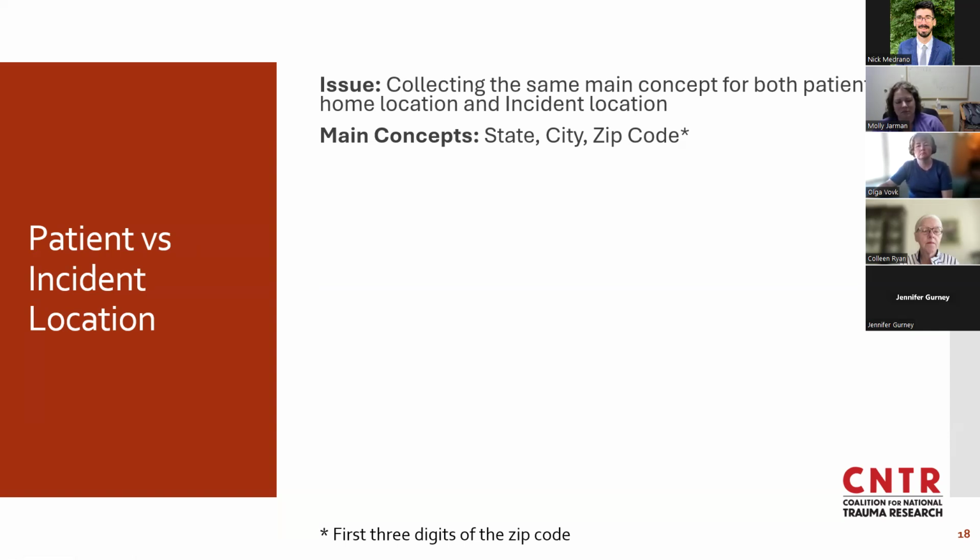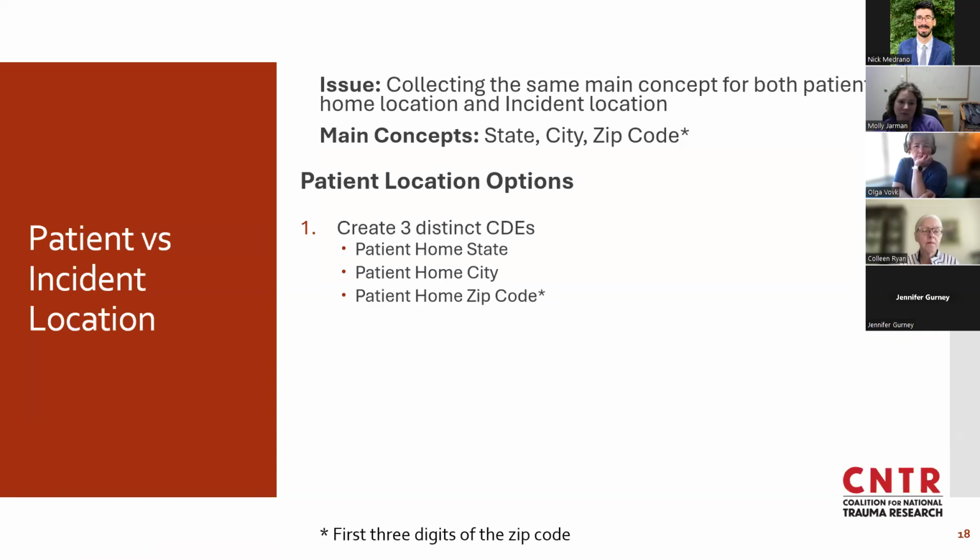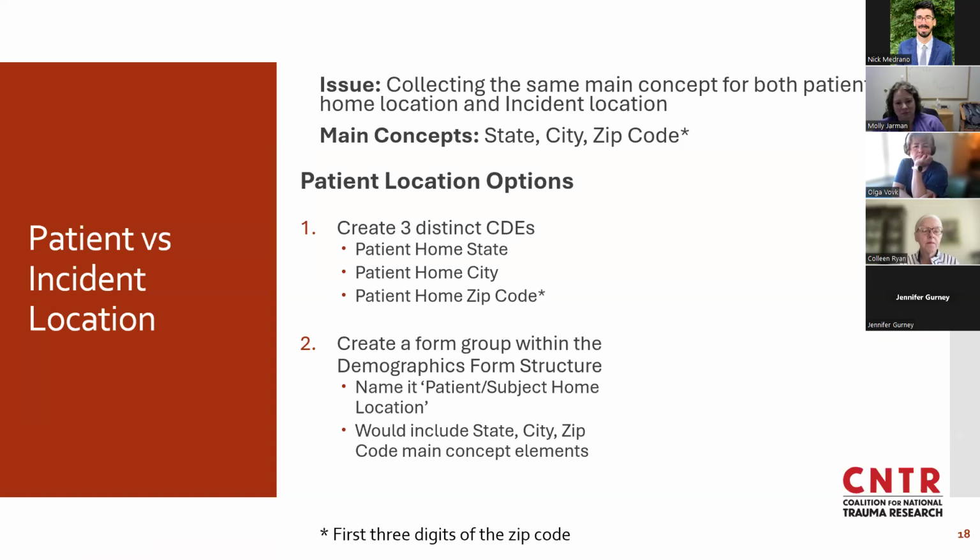So I'm going to present 2 options, and please, Olga, jump in as well. This is one of the more complex ones. I wanted to simplify it as much as I could. We stick with the option of creating 3 distinct CDEs: patient home state, patient home city, patient home zip. Or the other option is to create a form group within the demographics form, and we name it something like patient, subject, home location.